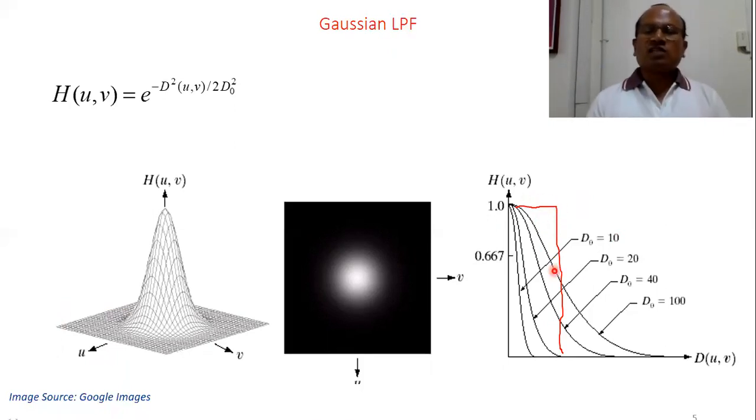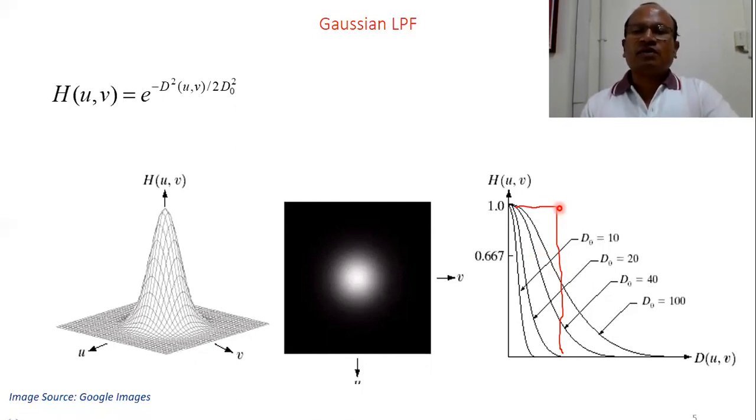This becomes the response of the ideal low pass filter. And again, here also you see an interesting concept. What is that interesting thing? This last curve is for cutoff distance 100. Then we are decreasing, decreasing and decreasing. So what's happening? This is for lesser cutoff distance. Obviously, when cutoff distance is less, the cutoff will be here on the x-axis.